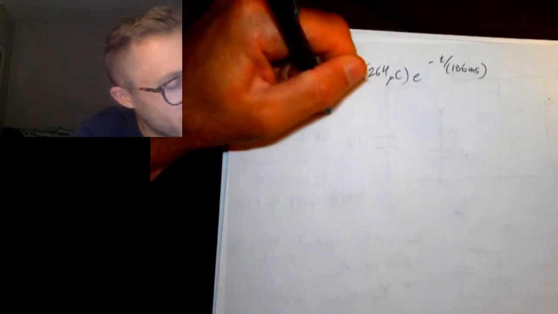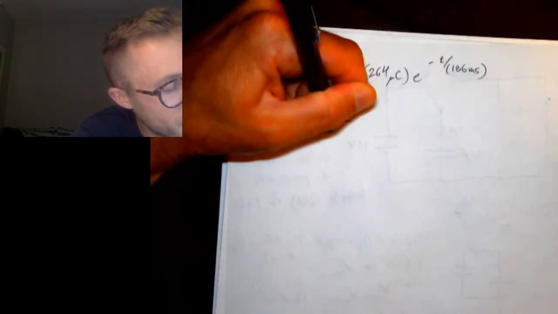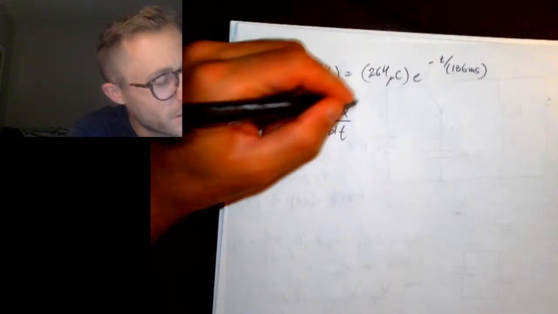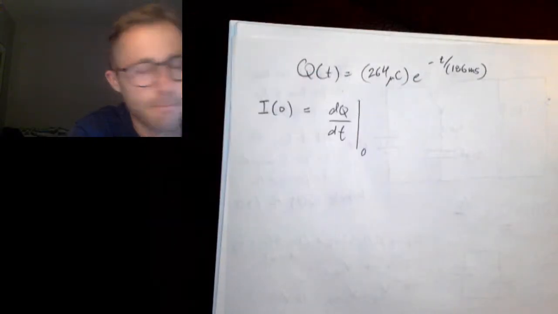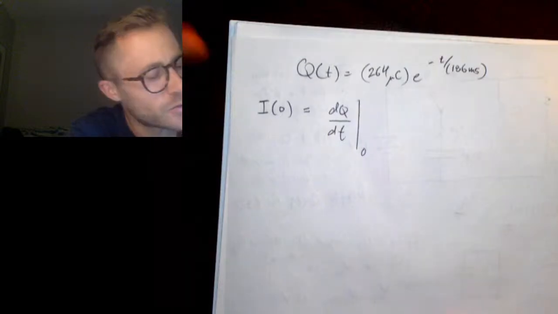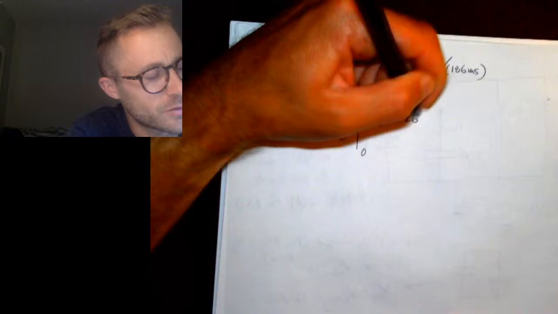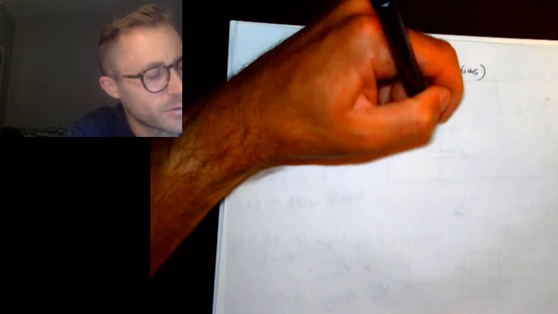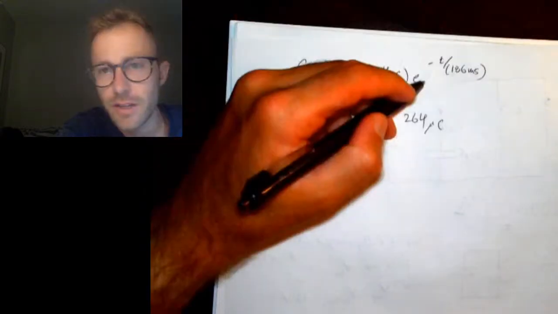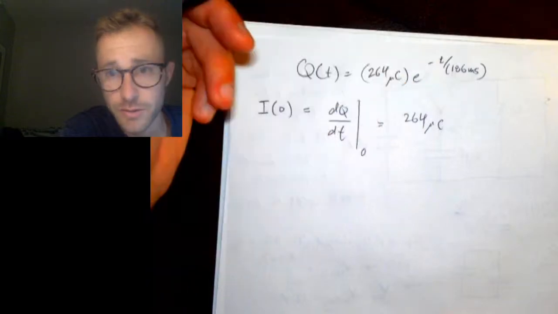Well, that would be the derivative evaluated at time 0. Okay? So I take the derivative of this, and I would get 264 micros, and then taking the derivative of the exponential function does nothing.